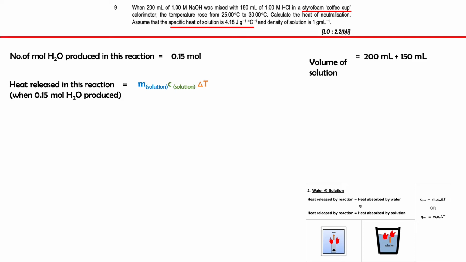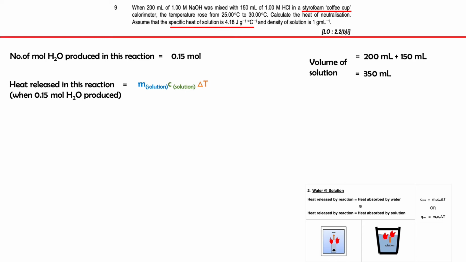Now you might wonder why we have to add the volume of the sodium hydroxide and the hydrochloric acid. Because in this reaction, once they were added up, only the neutralization happened. So the heat release will be absorbed by, of course, the total of both volumes. Now, the total volume of solution is 350 ml.